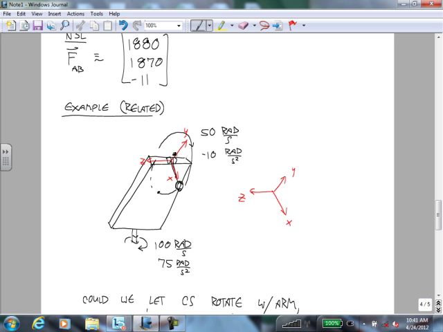So if you set your coordinate system like this, now your coordinate system is rotating around with the plate, okay? Now you do have a simple circular motion of the plate, okay? And in addition to that, a simple circular motion of the arm relative, okay?